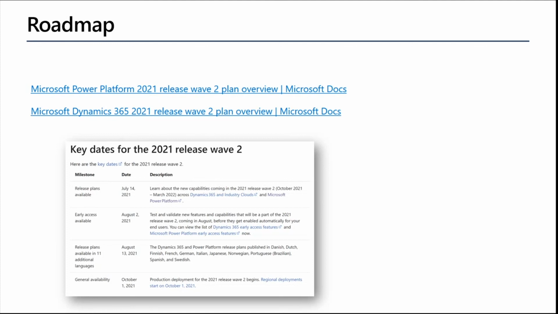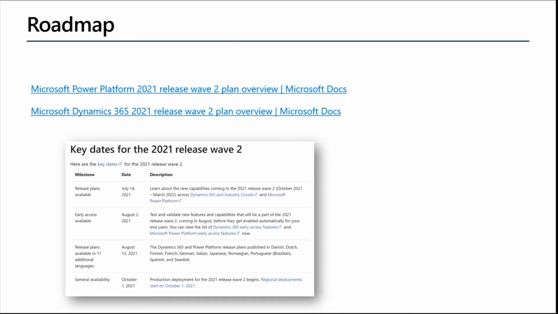Since August 2nd, you have access to early access, and basically you can test and validate the new features and capabilities that will be part of the 2021 release wave 2. And today we should release the 11 additional languages for the release plan.